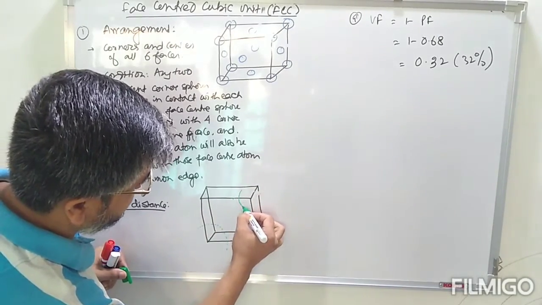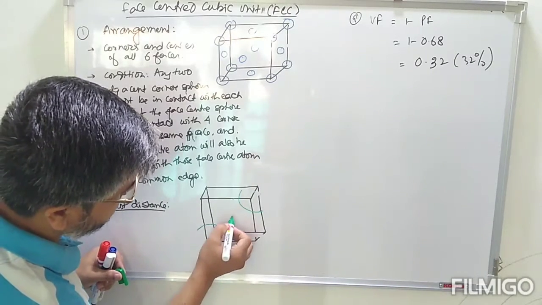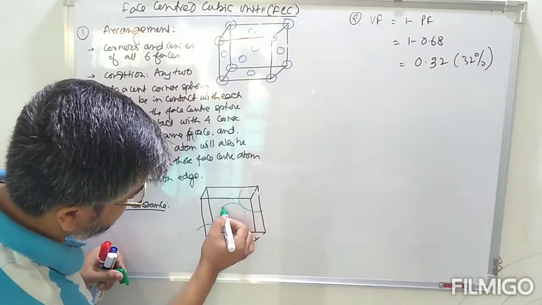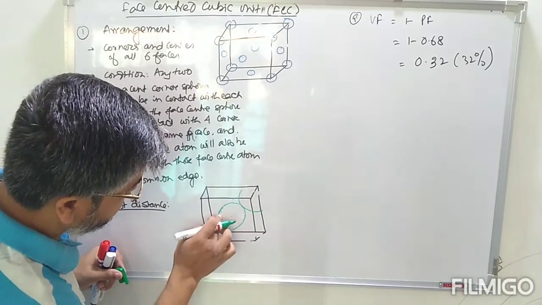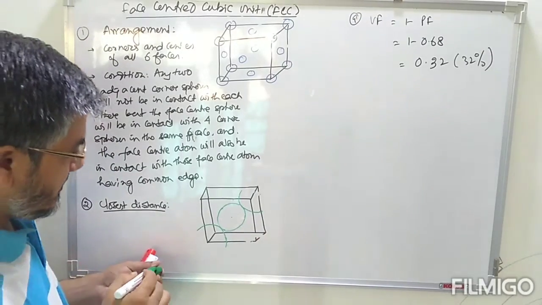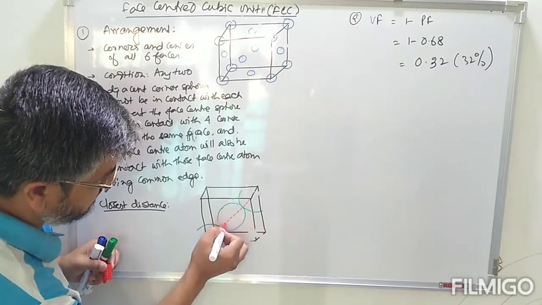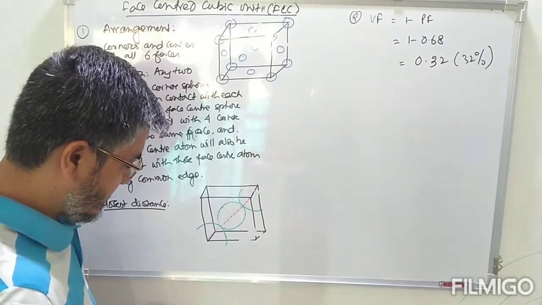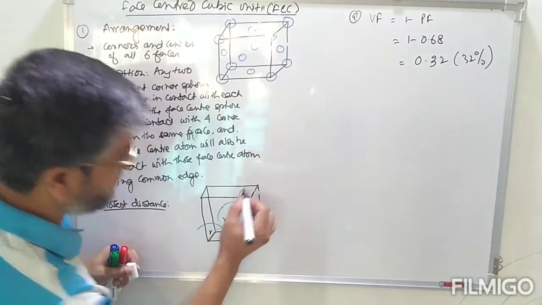Here this face center atom. So we have this atom, this is the face center atom. This distance is the face diagonal. Total distance, this is R, this is R, this is also R, this is also R.